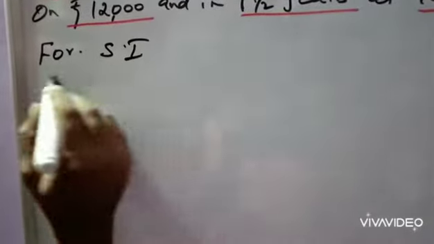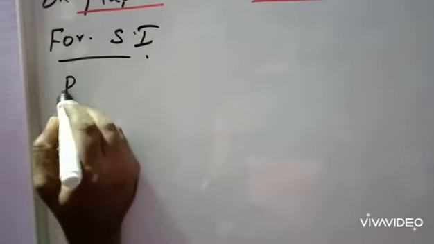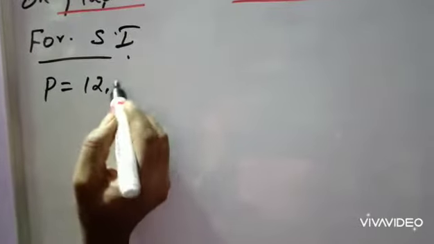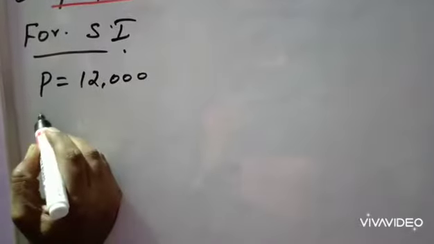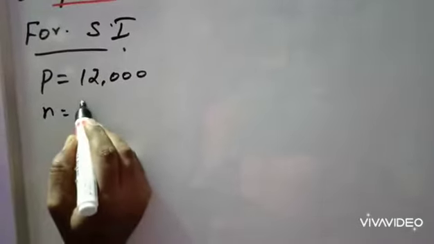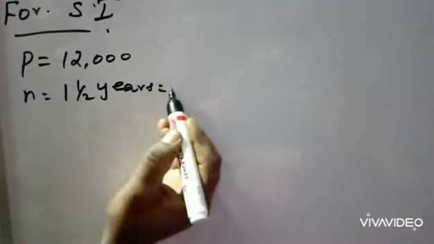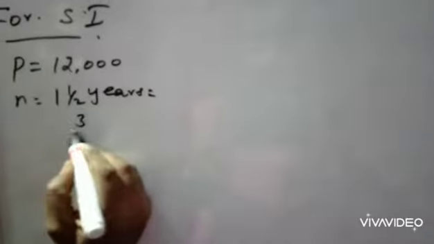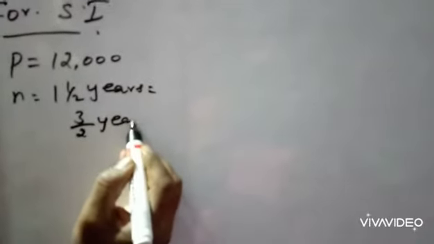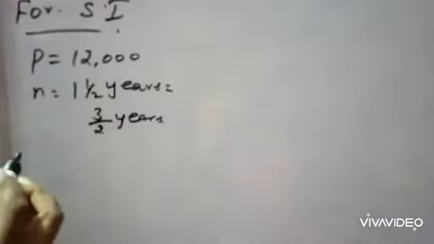For simple interest, they have given principal equal to 12,000, n equal to 1.5 years, which we convert to 3 by 2 years.